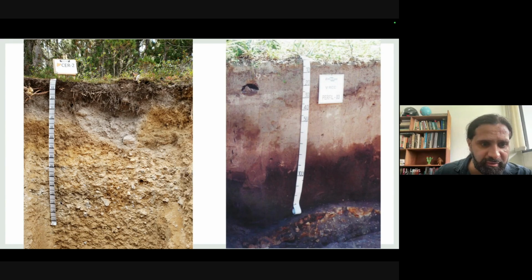They express, in this case, for example, concentration of aluminum and iron below the soil surface, below an E horizon, this albic horizon here. And here is the same. You have both horizons that concentrate iron and aluminum oxides below an albic horizon. Okay, but here we have, of course, some organic matter too.